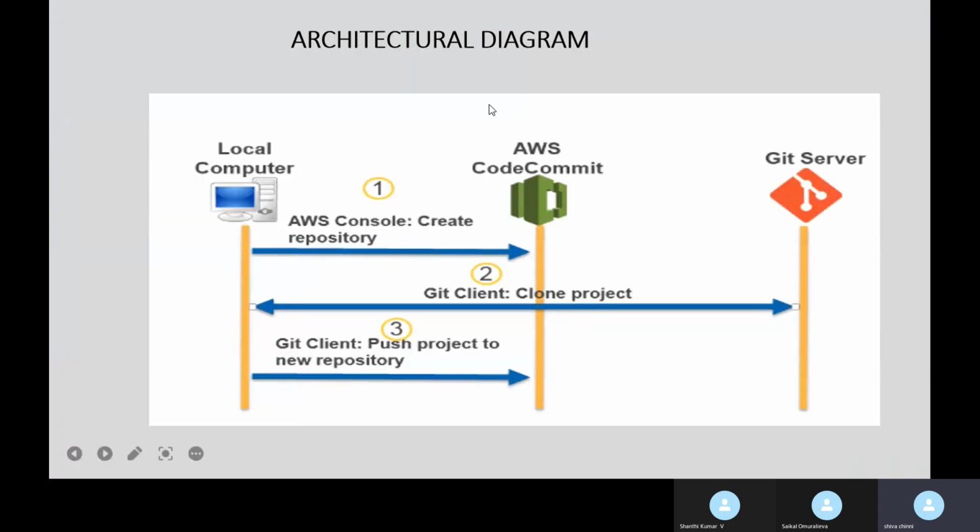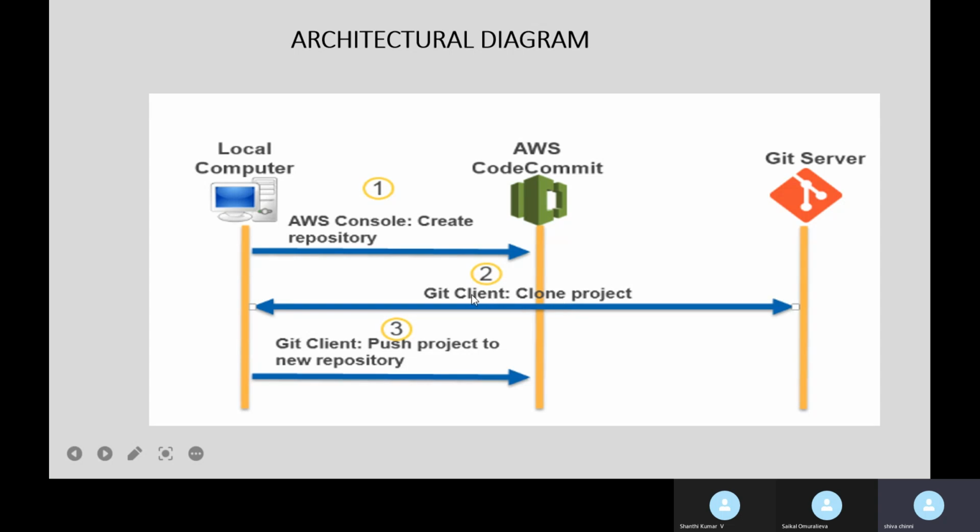So basically, this is the architectural diagram about our CodeCommit repository migration part. This is my local computer. From this local computer, first of all, I'll create one repository in the AWS console. The Git server is located somewhere. Once I create a repository, from the Git server I can clone the repository based on the Git clone URL.